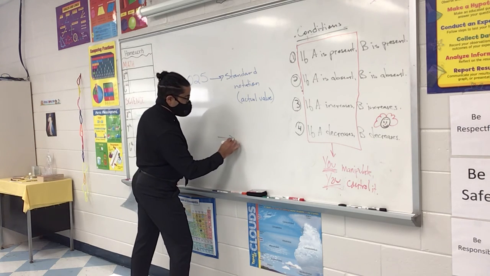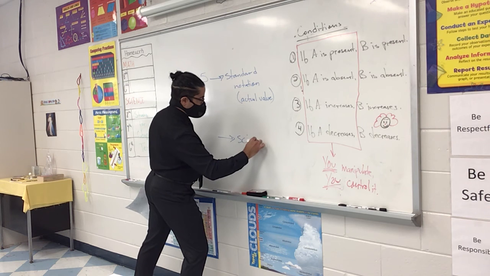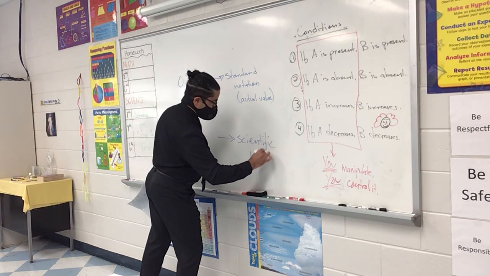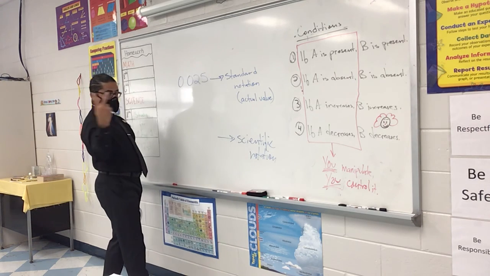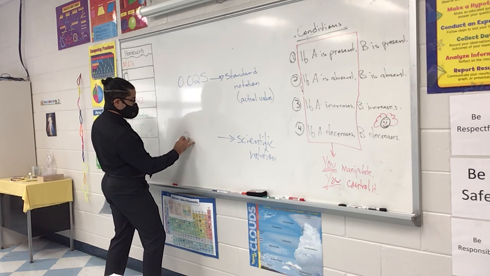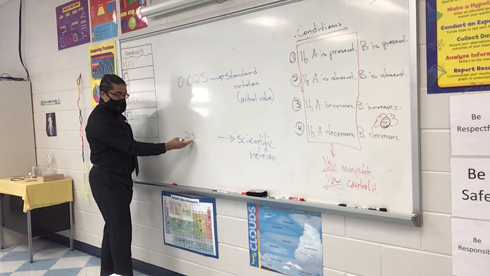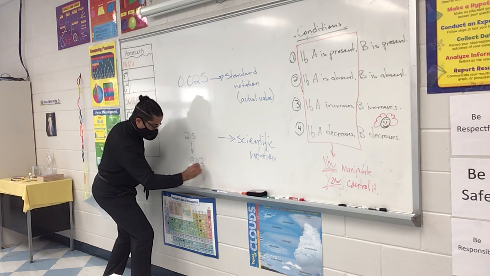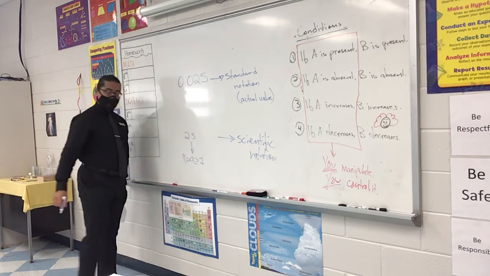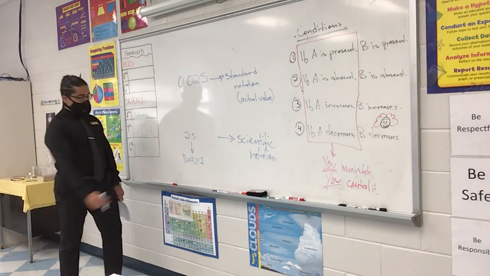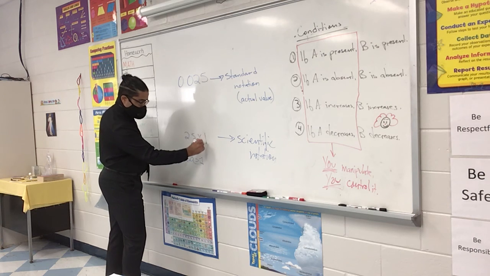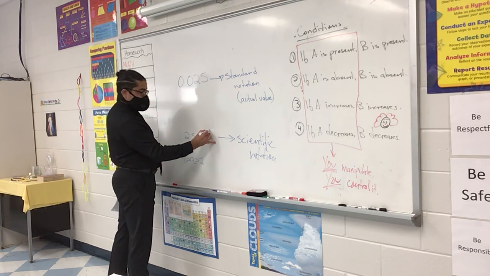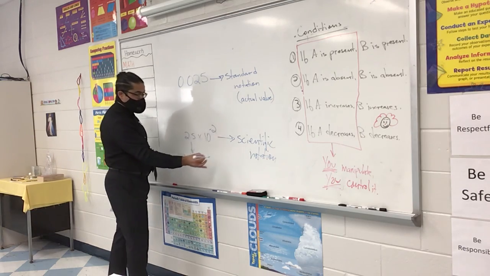Ron, whenever your actual value is less than 1, your scientific notation will have 2 factors. One, the first one meeting the condition that A is greater than or equal to 1 and less than 10. And the second one, 10 raised to a negative power.